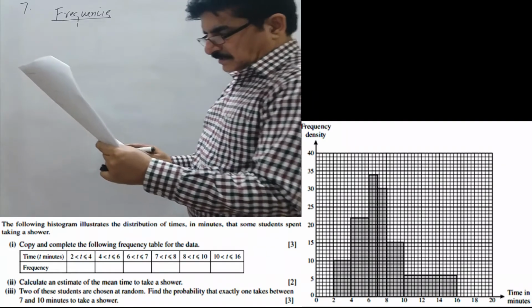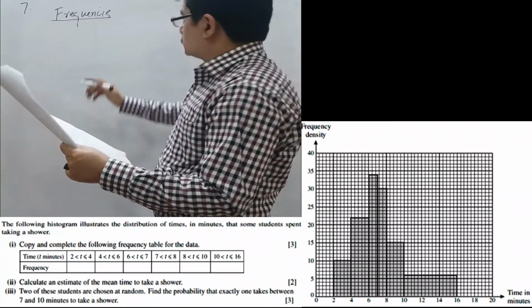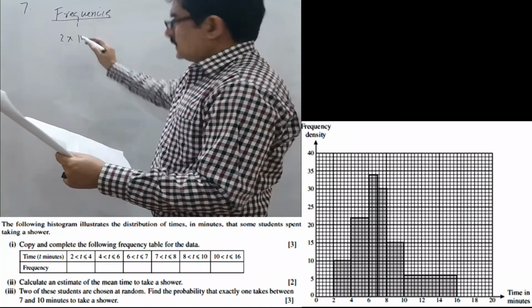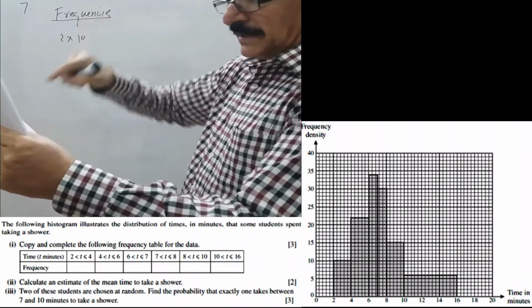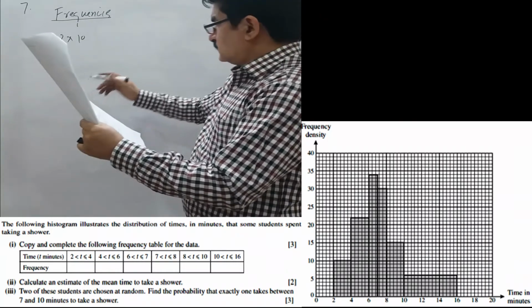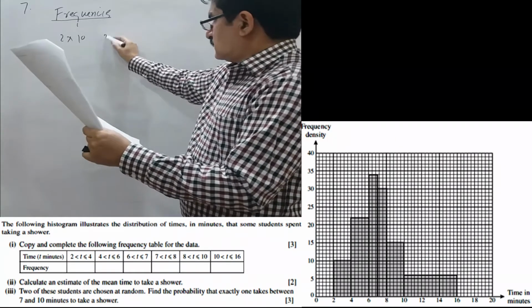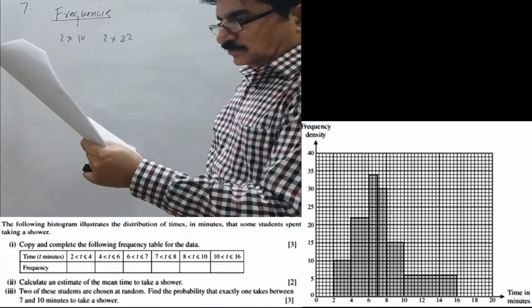So frequencies will be width into height. See the first rectangle, its width is 2 and height is 10, so it will be 20. Similarly for the second rectangle, you find 2 into 22.